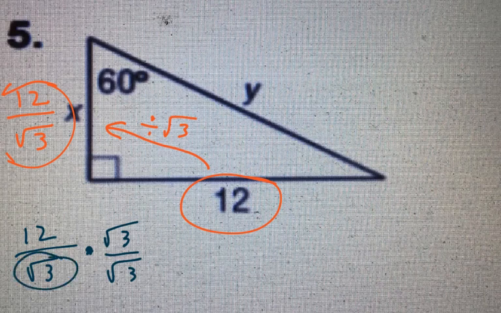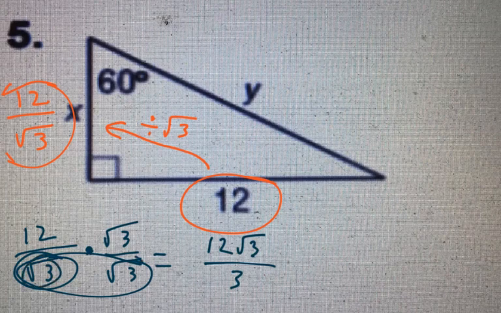Recognize whenever you're dividing by a square root, guys, you have to rationalize, okay? So notice I end up with 12 square root of 3 over 3, because square root 3 times square root 3 is a 3. That's why we rationalize that way. Notice 12 divided by 3 is 4. So the short side is actually 4 square roots of 3.